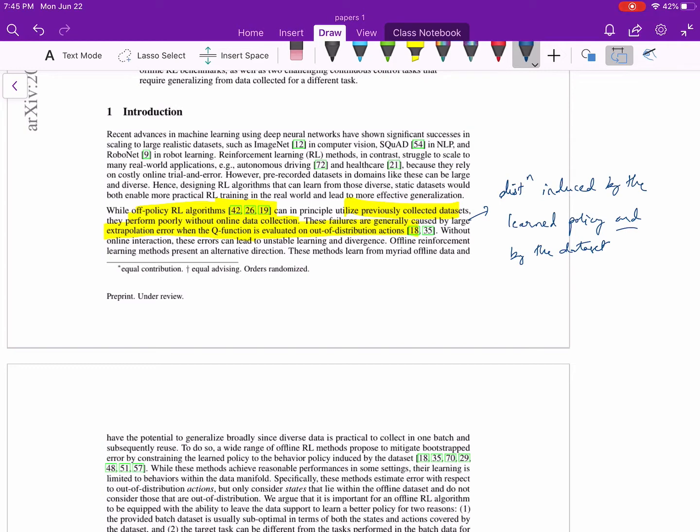So one could expect a naive result such as, if M star, the optimal MDP, and the MDP which is induced by this data set are the same or close to each other, then one can expect this extrapolation error is close to zero. Yeah, this we can expect.